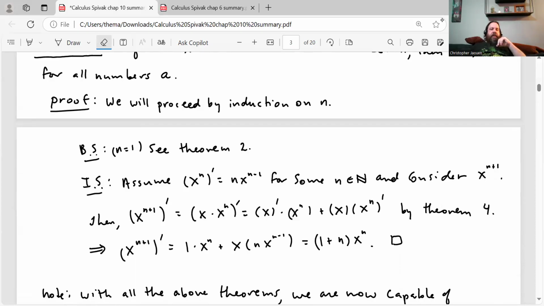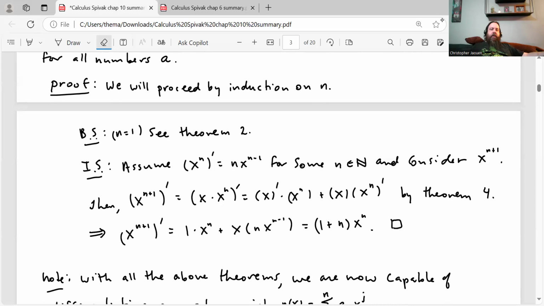The base step n equals 1 is just theorem 2, so we don't have to show anything for that. The inductive step: assume the derivative of x to the n is n x to the n minus 1 for some natural number n, and consider x to the n plus 1. Then the derivative of x to the n plus 1 equals the derivative of x times x to the n, which by the product rule is x prime times x to the n plus x times the derivative of x to the n, by theorem 4.